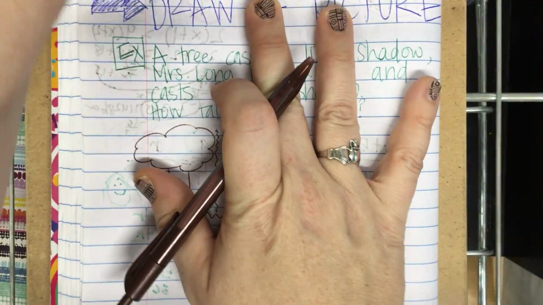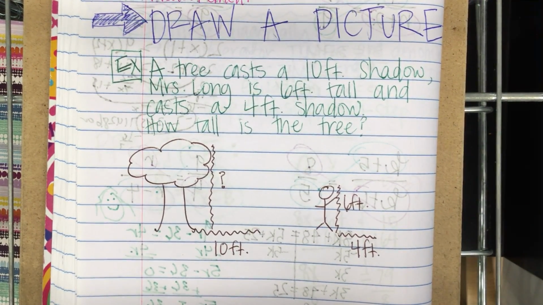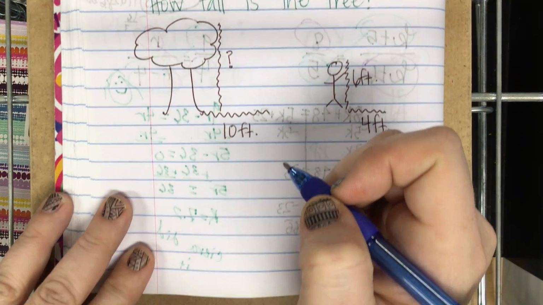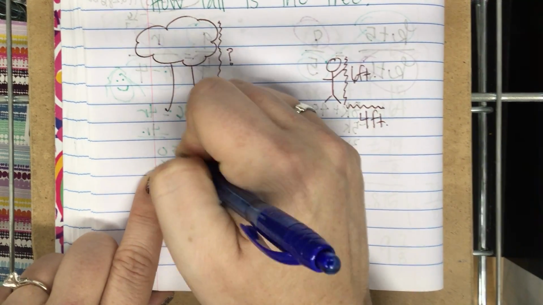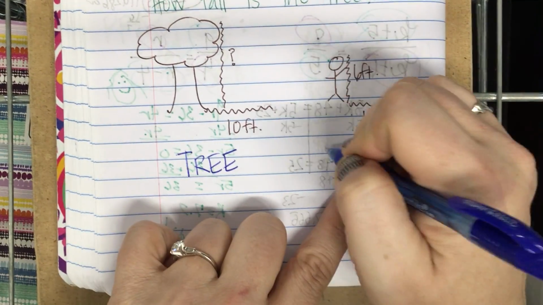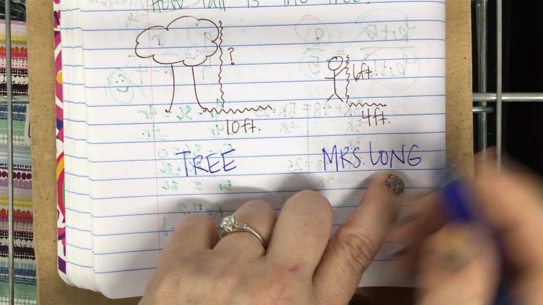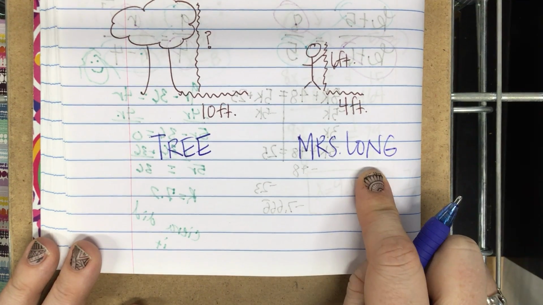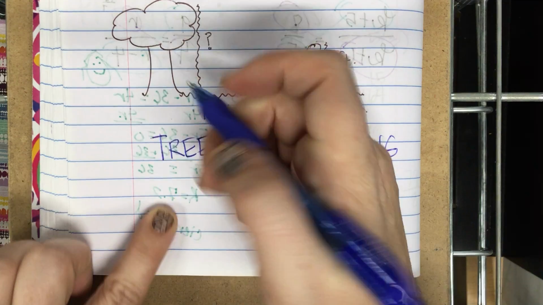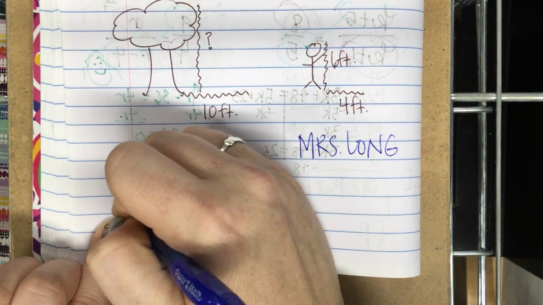Here's how you set it up. You're going to make a proportion for the tree. That's item 1. And you're going to make a proportion for Mrs. Long. That's item 2. The tree is X over 10. This is tall and this is shadow.